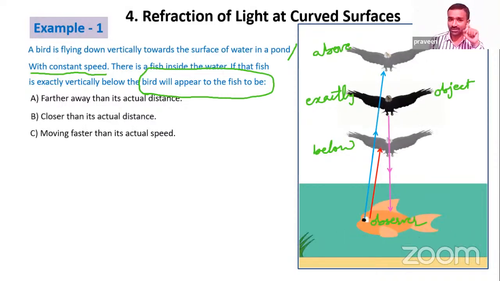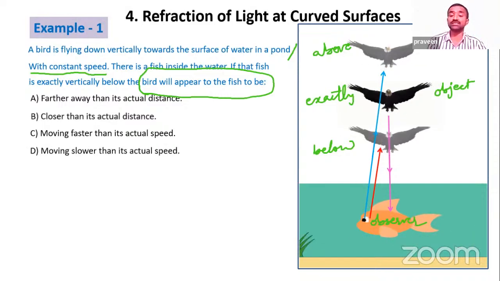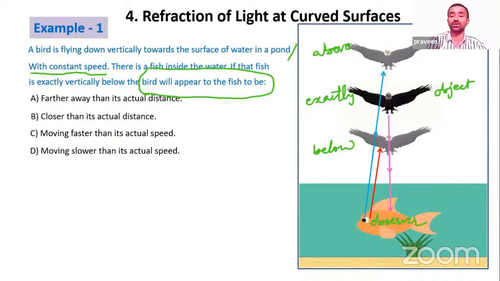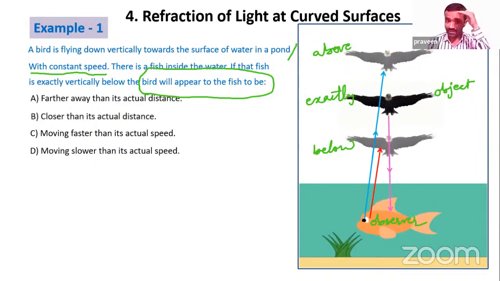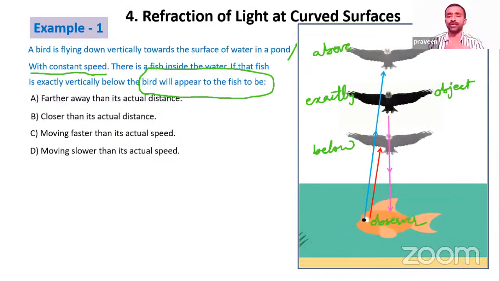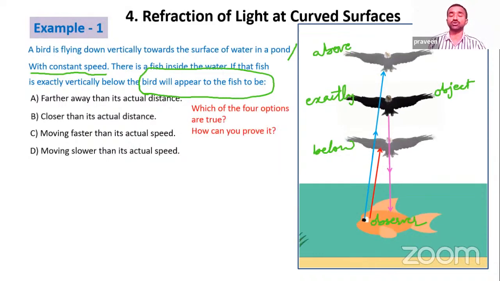So we have to conclude: moving faster than its actual speed or slower than its actual speed. If it is far, what about the speed? If it is closer, what about the speed? If it is exactly at the same place, maybe it moves with the same speed. So which of the four options are true?